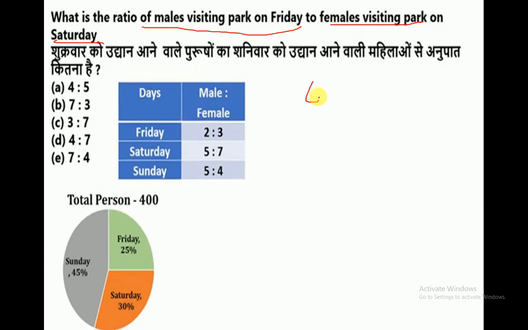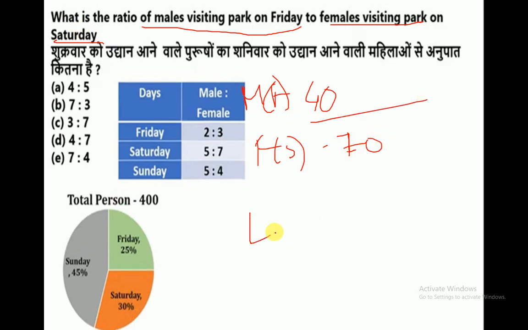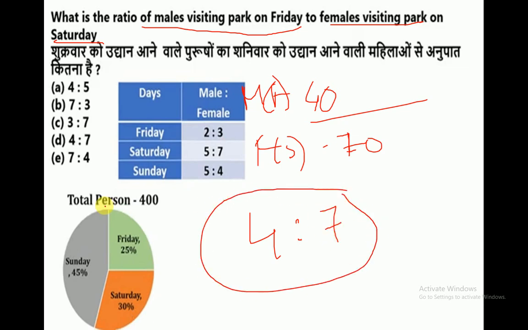Yes, 40 males Friday. Females visiting park on Saturday, it's 70. Yes, females on Saturday it's 70. So it's asking the ratio. So the ratio is 4:7. Alright, so this is the answer.